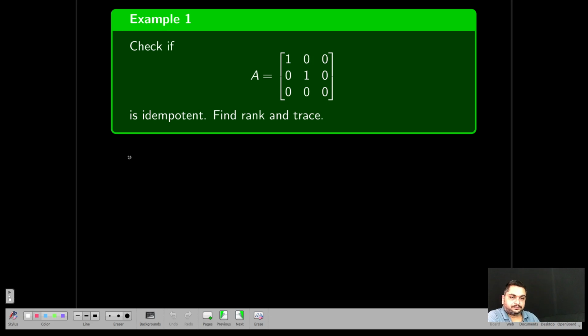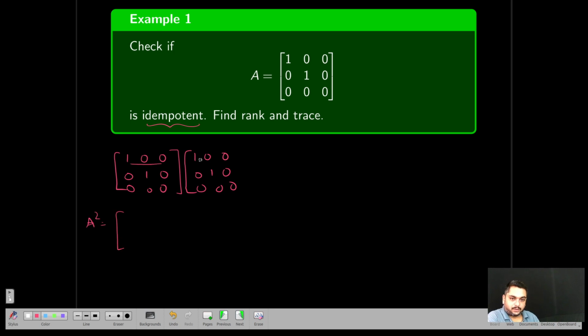Now let us take an example. They are given this matrix, check if it is idempotent. So how will you check? Perform A square and then check if it is equal to A. This is A into A. So this A square will be equal to row into column.